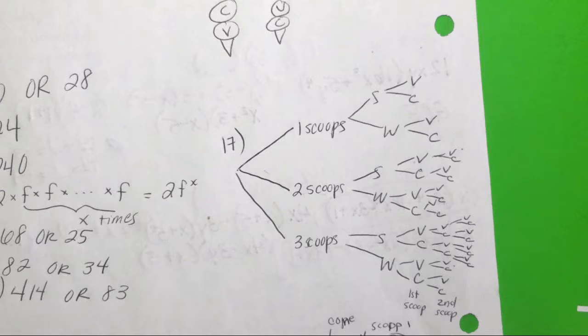But the other limbs are longer because 1 scoop only had 1 scoop of vanilla or chocolate. Whereas 2 scoops has to account for, was my first scoop vanilla or chocolate, and then what was my second scoop. And then 3 scoops got the same issue but even more complicated. What was my first scoop? What was my second scoop? What was my third scoop? So needless to say, if you want to do this, you can. This is not what I recommend.